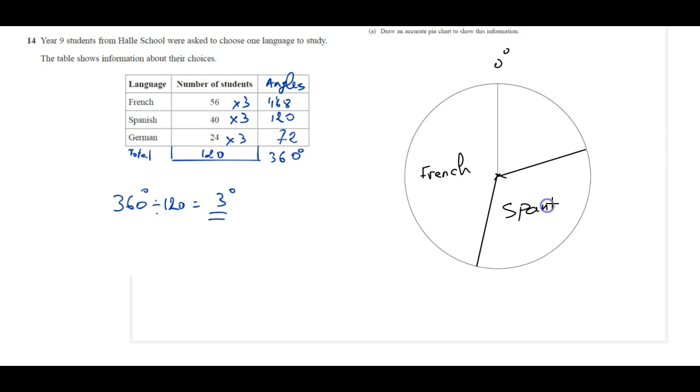We've got only 3 sectors here. Spanish. And the final one, you don't have to draw anything here with the protractor because that will be the German one. Alright, so that's complete drawing the pie chart. I hope this helped.